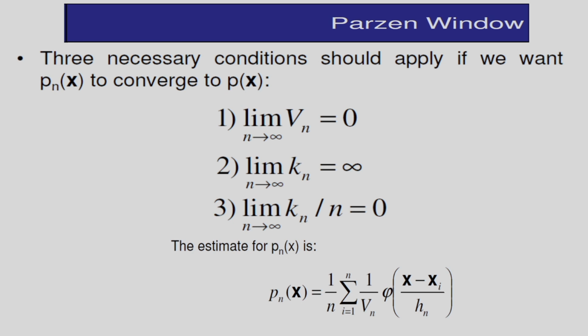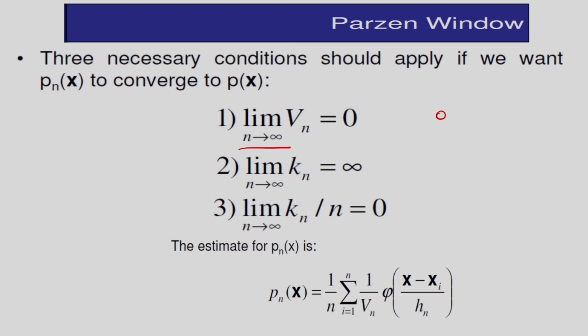But in the case of the Parzen window technique, we have to consider these three conditions. One is the limit of Vn as n tends to infinity should be equal to 0. So, what is the meaning of this? The volume may be very small because I am considering a large number of samples, as n tends to infinity.